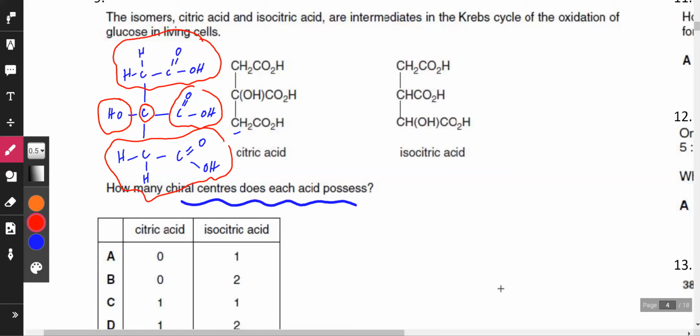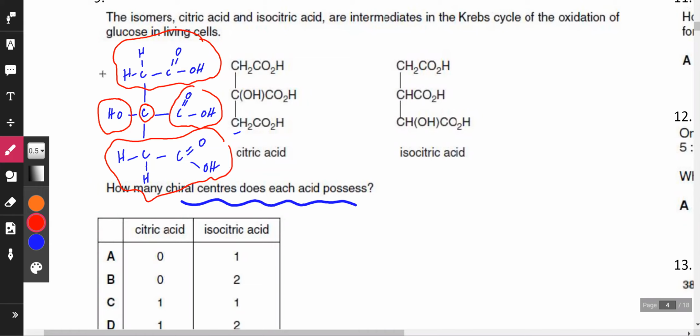So it's not going to have this mirror image thing. The rest are automatically disqualified: two hydrogens, not chiral; making a double bond, definitely not chiral.